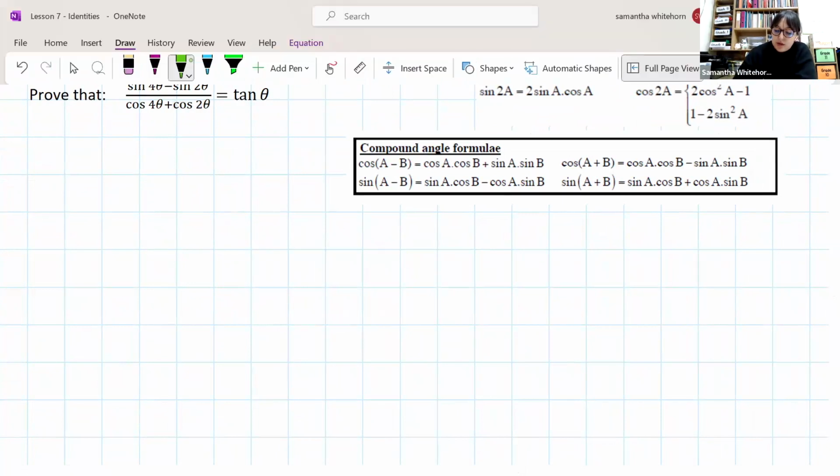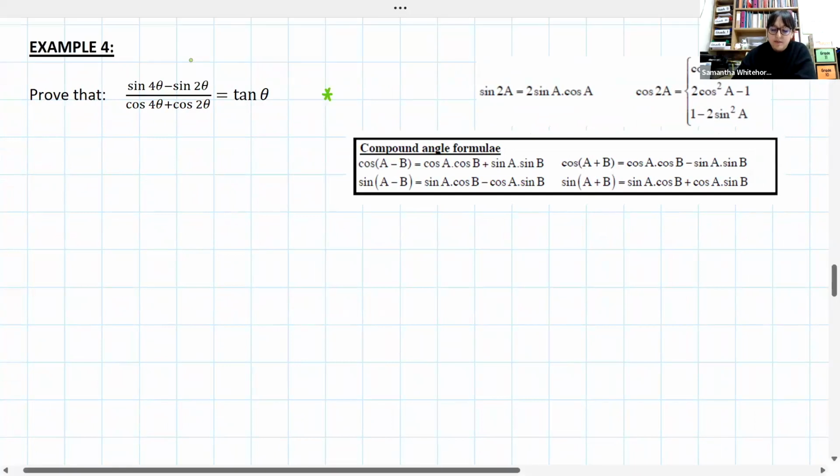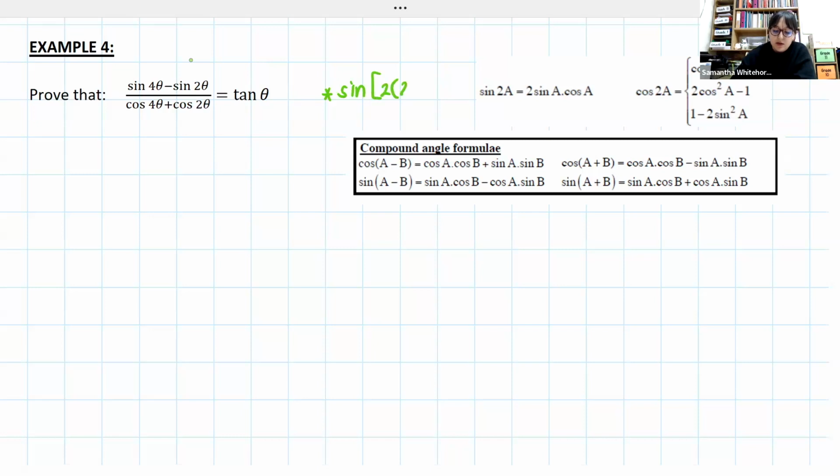What I want you to remember is that a 4 theta, sine or cos, it doesn't matter, is a double angle. Sine of 2 times 2 theta is a double angle. That also then starts to match up with the other angle that I have there. So always just, again, be looking at these things. Be looking at, okay, where has 4 theta come from?